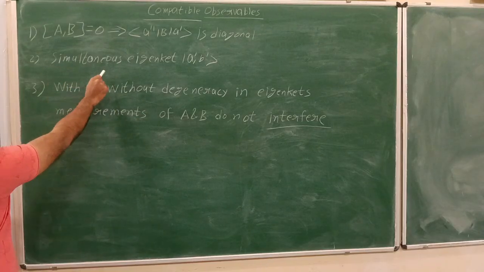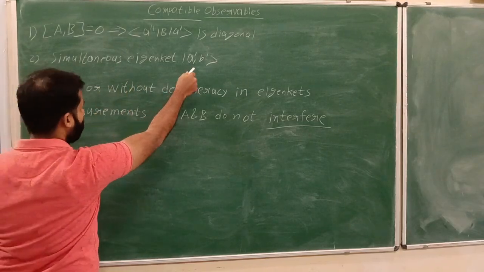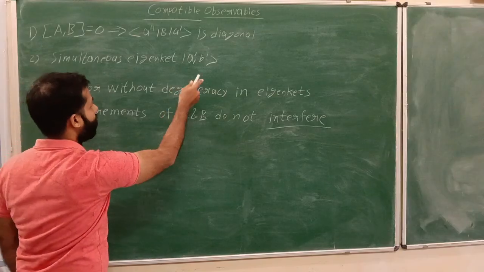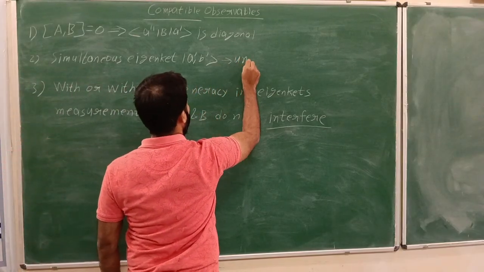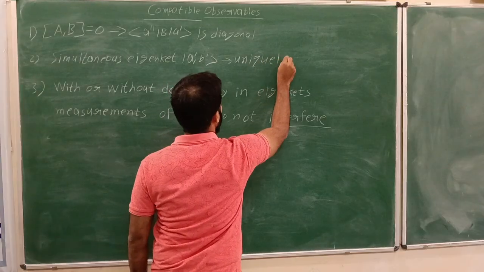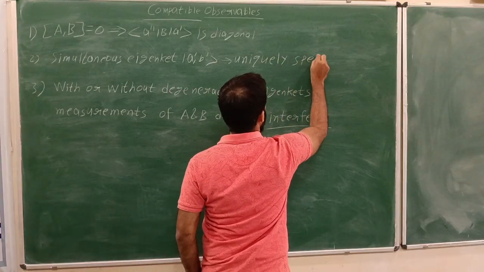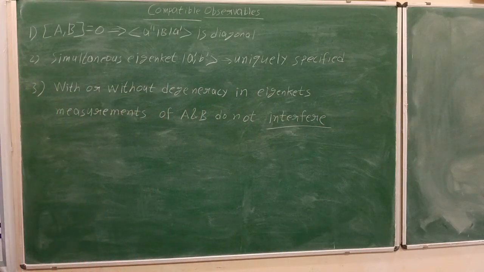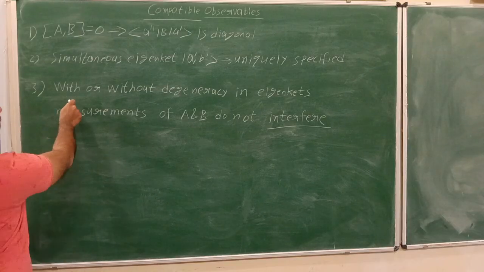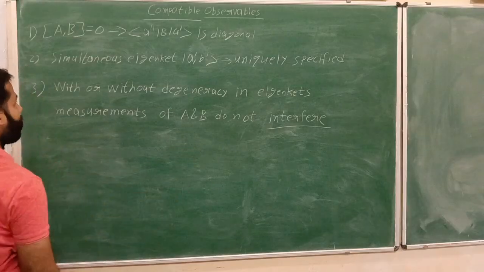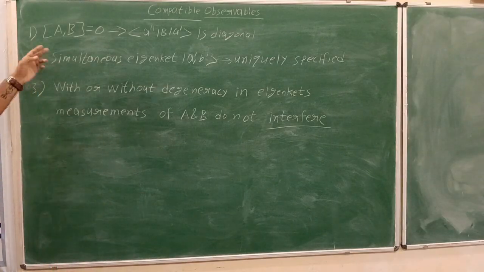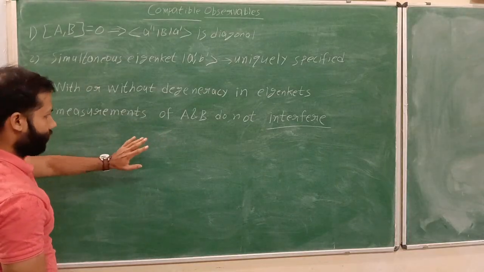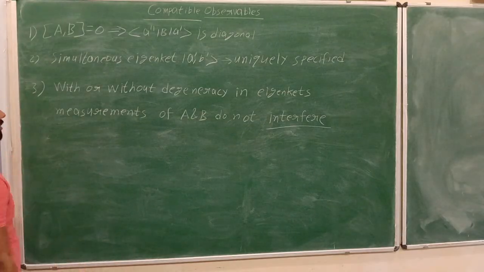We also learned how we can represent simultaneous eigenkets with a different notation, using specific combinations of A prime and B prime, which can be uniquely specified. Also, it does not matter whether there is degeneracy or not. If they are compatible with each other, their eigenket measurements of A and B do not interfere with each other. With certainty, you always get A prime in the third measurement.